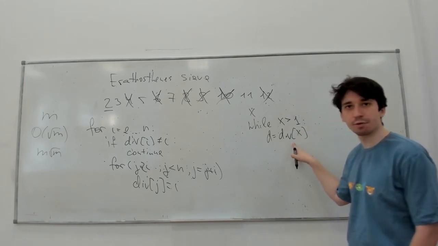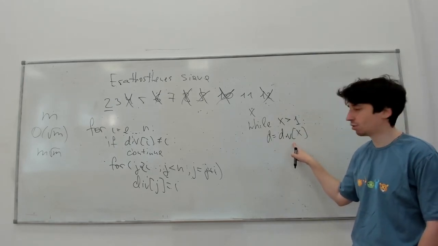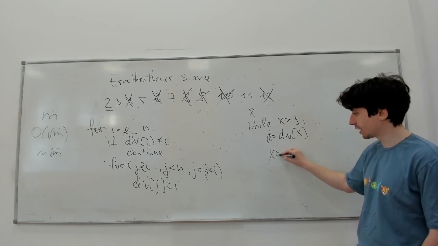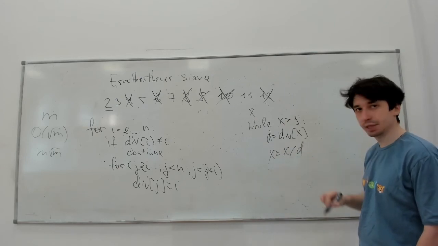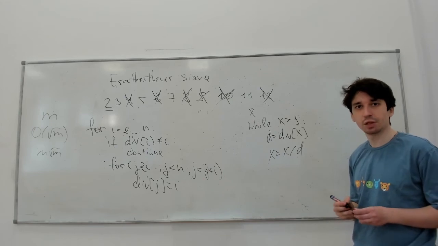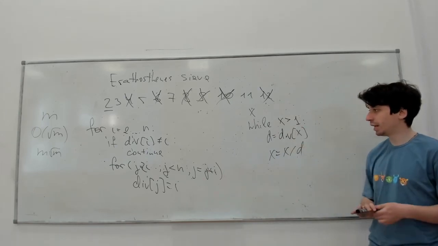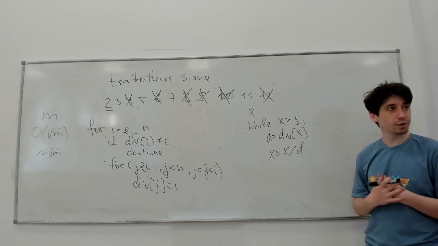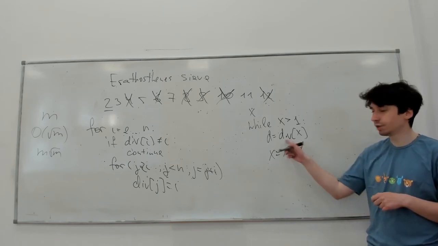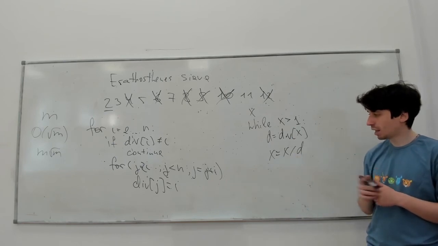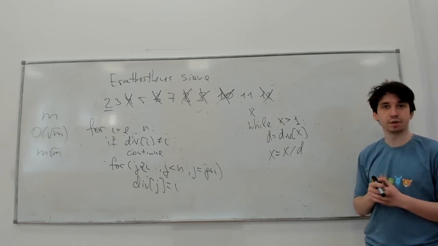This is some divisor of x, and then we continue with x divided by this d, and so on. So while it's not 1, we take some prime divisor of x, and then divide by this divisor.